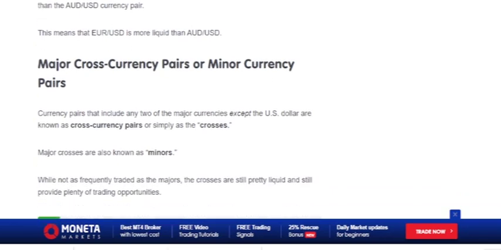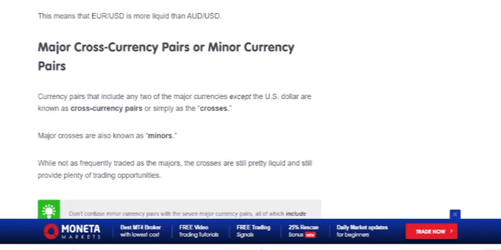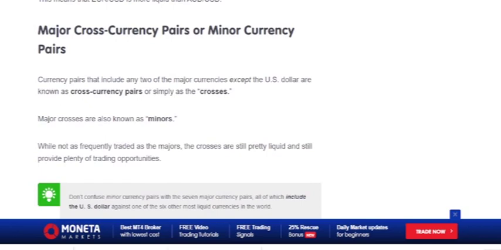Major cross-currency pairs, or minor currency pairs. Currency pairs that include any two of the major currencies except the US dollar are known as cross-currency pairs, or simply as the crosses. Major crosses are also known as minors.